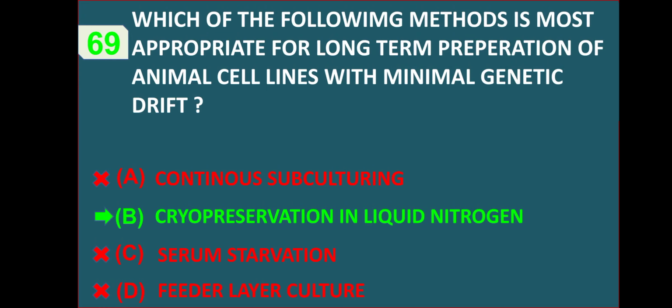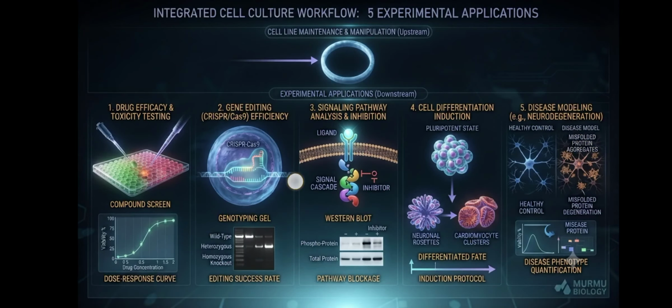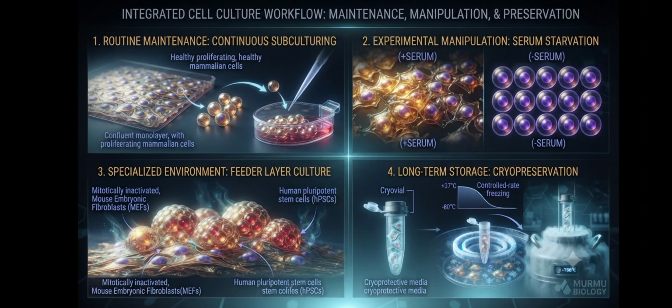So looking at the question: which of the following methods is most appropriate for long-term preservation of animal cell lines with minimum genetic drift? Here you have seen that continuous subculture is making the cell divide more and more, isn't it? From the parent cell, the cell is continuously dividing.